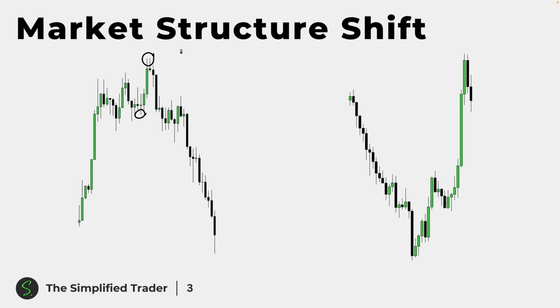So our market structure shift is only going to get confirmed as soon as we close below this swing low. And this candle here closes below that swing low. That confirms my market structure shift. And you can see we went from a bullish environment to a bearish environment.